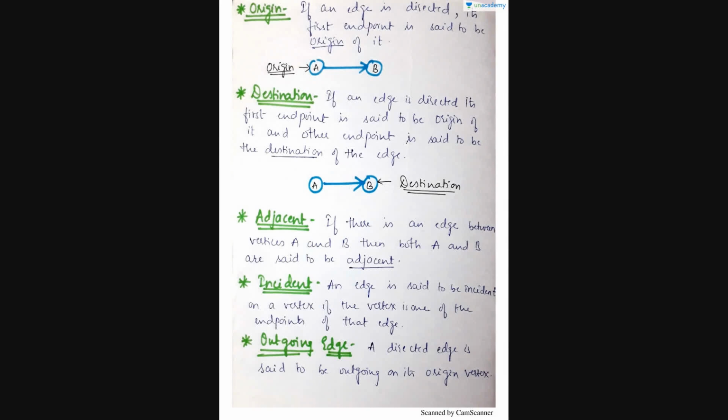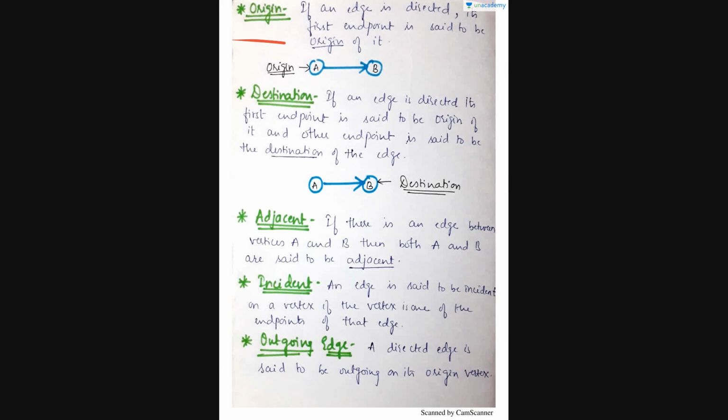The next thing, origin. If an edge is directed, its first endpoint is said to be the origin of it. Now here in AB, A is the origin as it is pointing to the endpoint. Later, destination. What is this destination?